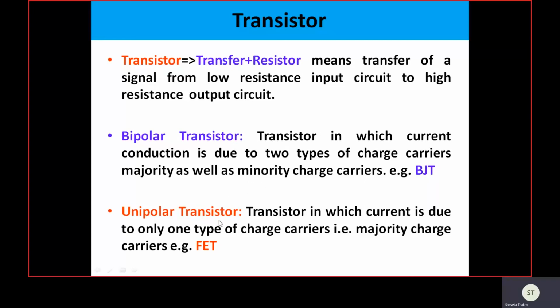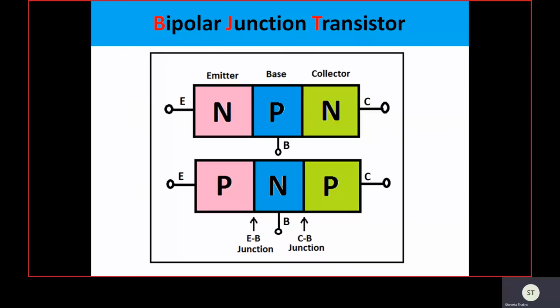But in the case of a unipolar transistor, current is due to only one type of charge carriers, specifically the majority charge carriers. An example of a bipolar transistor is BJT, which stands for bipolar junction transistor, and an example of a unipolar transistor is FET, which stands for field effect transistor.